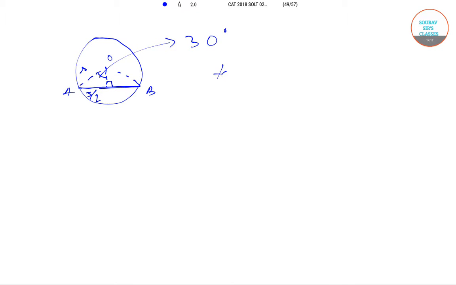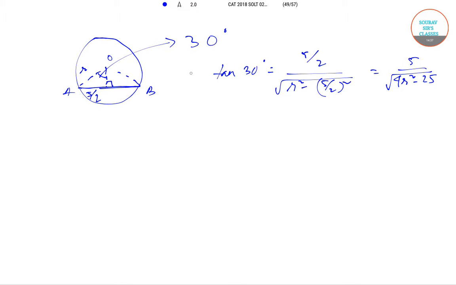So we can say that tan of 30 degree will be equal to 5 by 2 upon root of r square minus 5 by 2 whole square, and this will be equal to 5 by root of 4r square minus 25, and tan 30, as we already know, is equal to 1 by root 3.